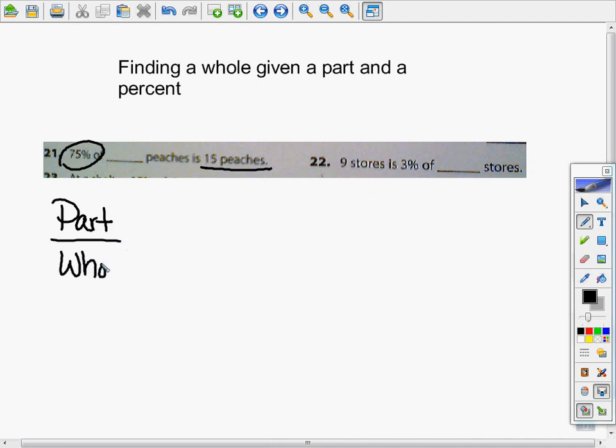The whole is the part we don't know. We don't know how many peaches in all. That goes there. But we do know that 75% of all the peaches is 15. Our job is to find out how much is all the peaches. So the part is 15. The whole, we still don't know.